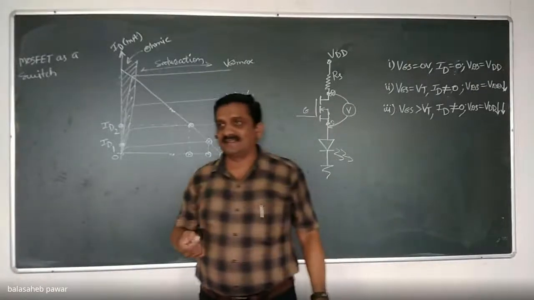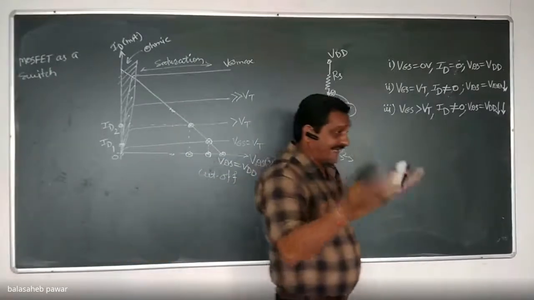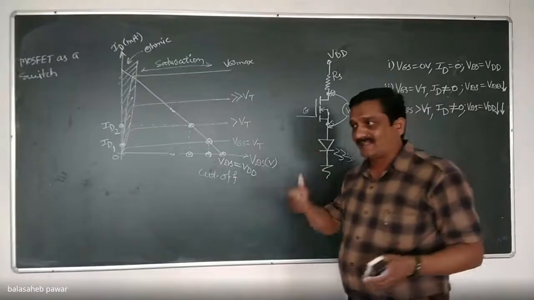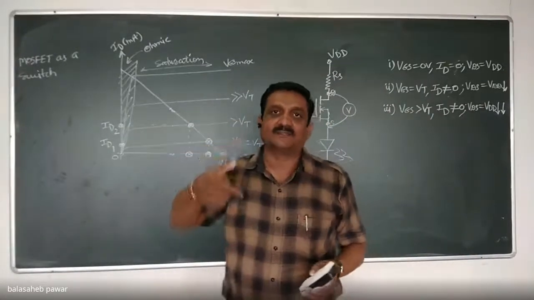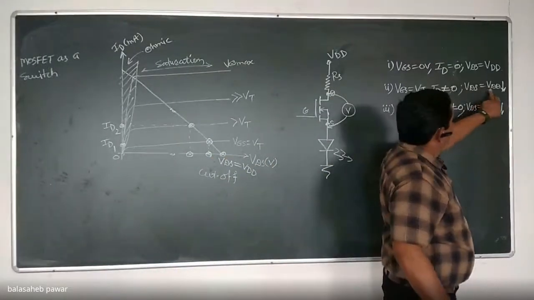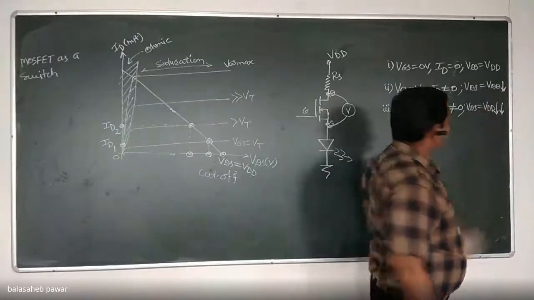As the conduction is very small, in terms of resistance we can say that the device offers a very high resistance, correct? And as the device has a very high resistance, the voltage drop across that high resistive path will be high. Is it? That's why I wrote here, it will be closer to VDD, slightly less than VDD.